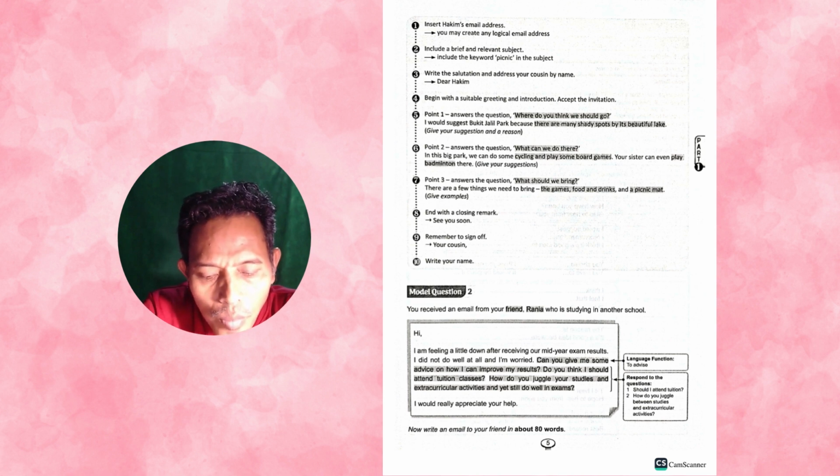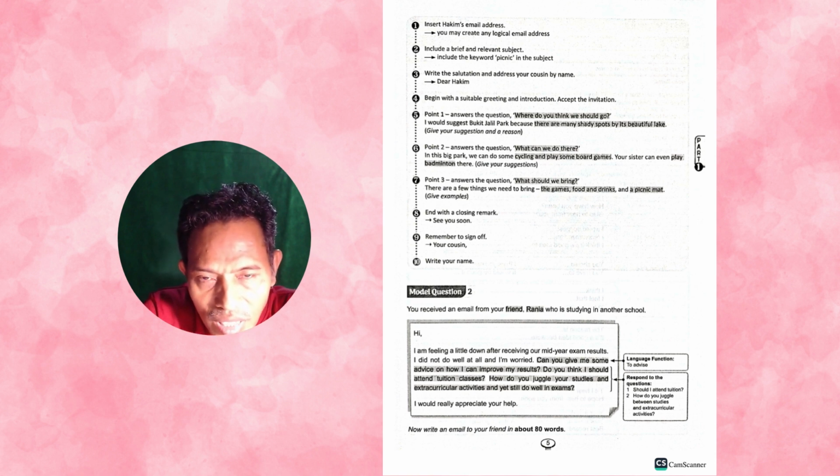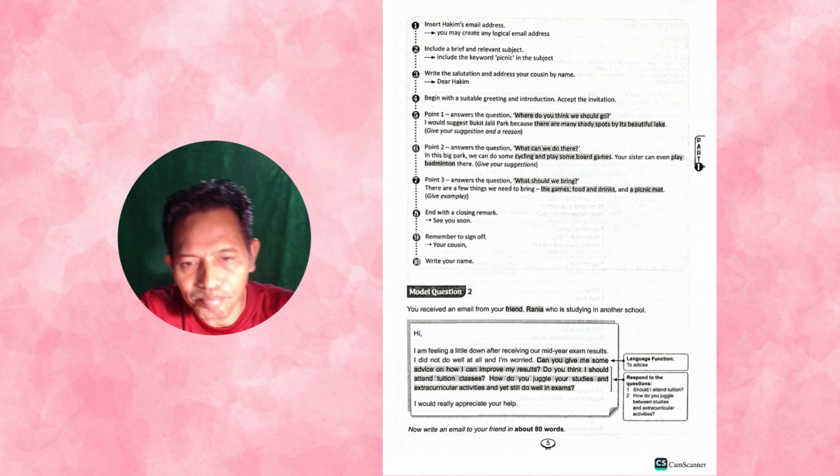Number 5, point 1, answer the question, where do you think we should go? Number 6, point 2, answer the question, what can we do there? Number 7, point 3, answer the question, what should we bring? Number 8, end with a closing remark. Number 9, remember to sign off. And number 10, write your name.